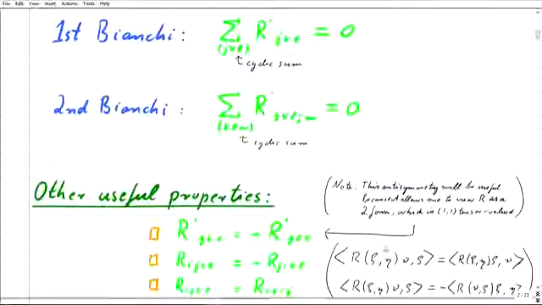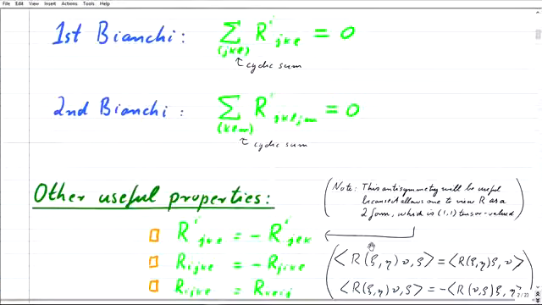There are more useful properties of the Riemann curvature tensor that one can prove. They're not Bianchi identities, but they're true anyway because of the definition of the Riemann curvature tensor. So in particular, we have that there is an antisymmetry in those two indices of the Riemann curvature tensor, and the last two indices.